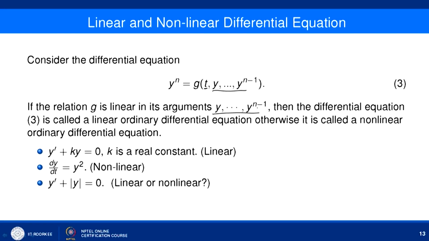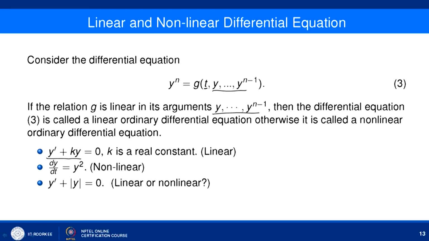Otherwise, it is called a non-linear ordinary differential equation. For example, look at the first problem, y' + ky = 0. Its arguments are y' and y. Here y' is coming linearly and y is also coming linearly, so we can say that this equation is a linear differential equation.